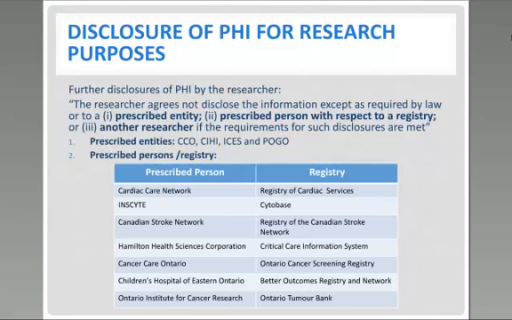All of that is to say that, because of this rigorous, I'll call it, quote, accreditation process to get named in the regulation, that's why PHIPA says, as a researcher, you may disclose the PHI you got from your custodian to one of these entities.